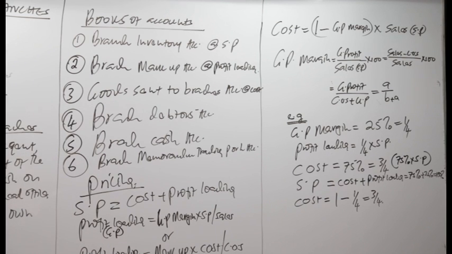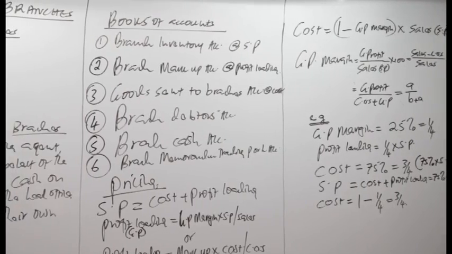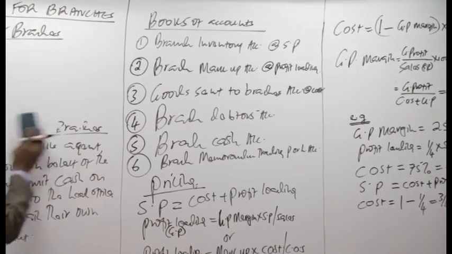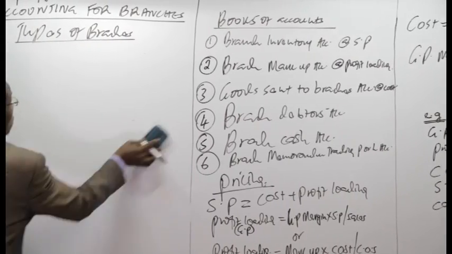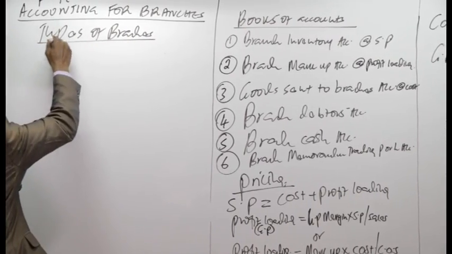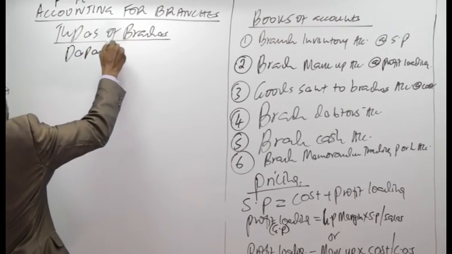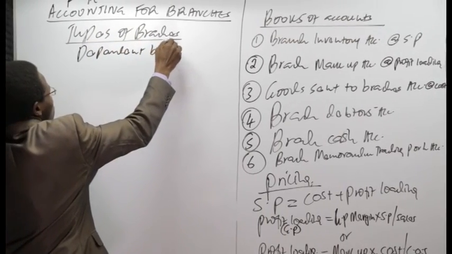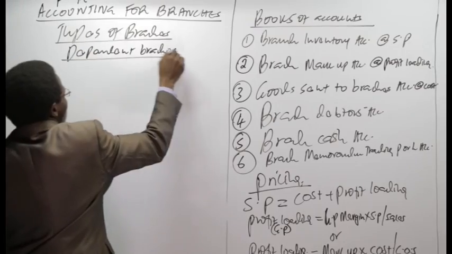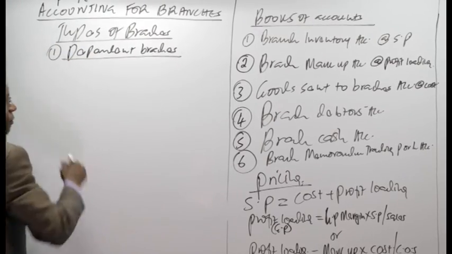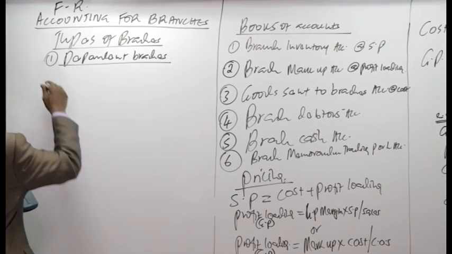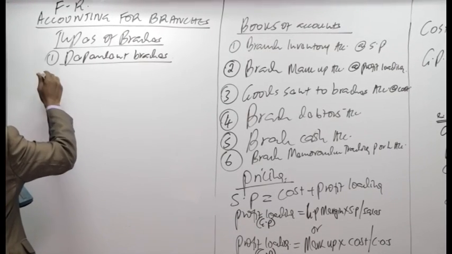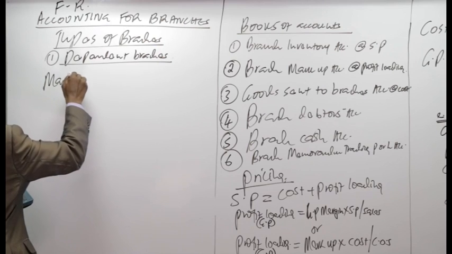We are still talking about dependent branches, about the profit loading and the markup.